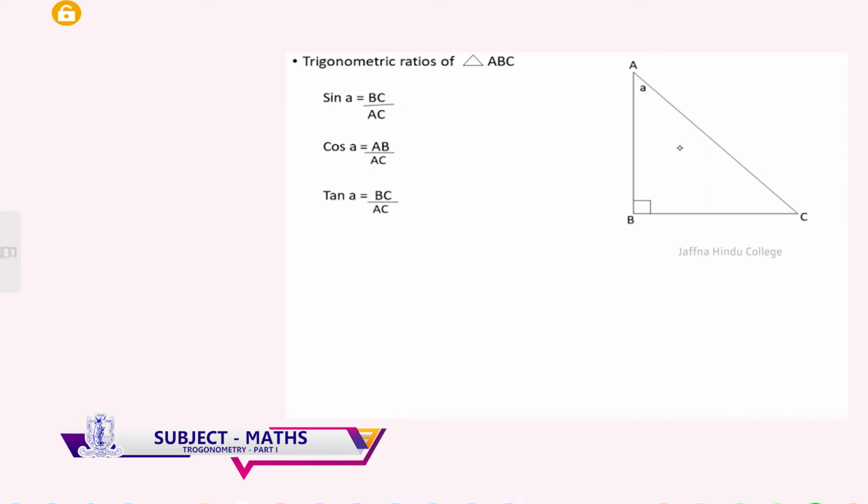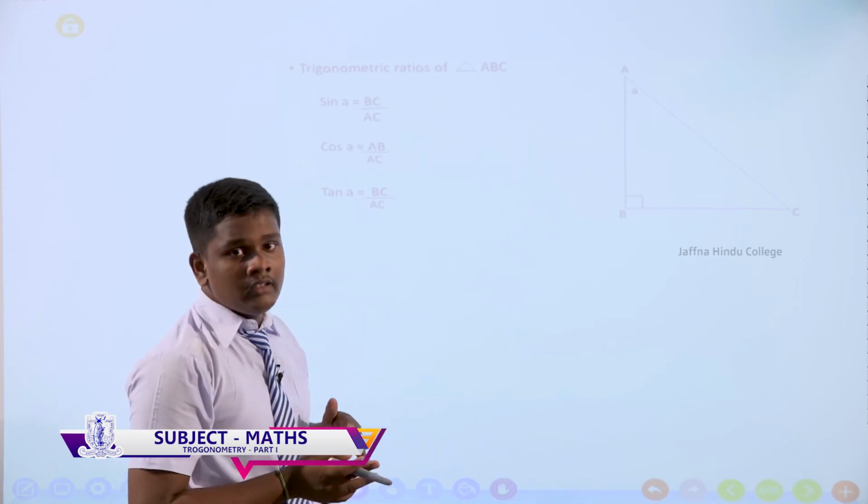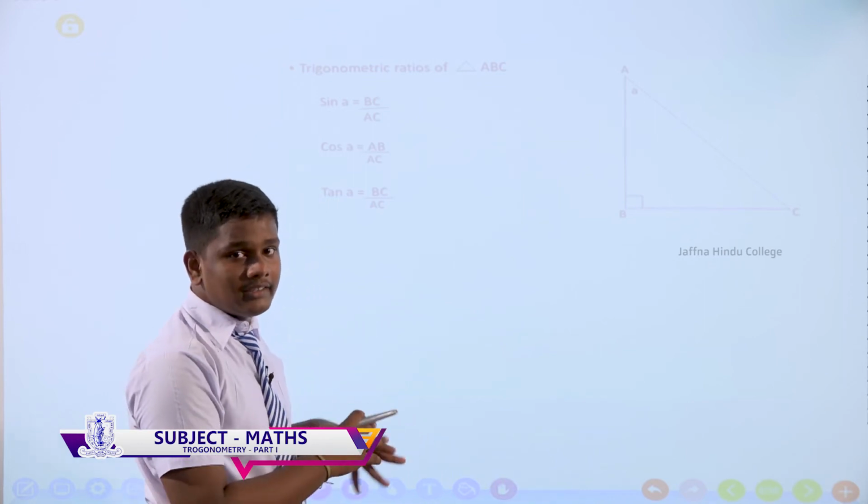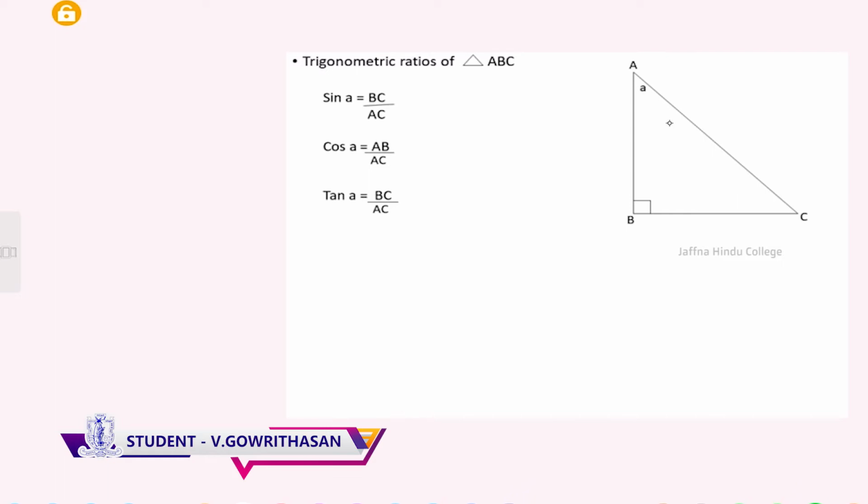Then cos A means adjacent by hypotenuse: the adjacent side of angle A is AB and the hypotenuse is AC. Tan function is opposite side by adjacent side: the opposite side of angle A is BC and the adjacent side is AB, so tan A is BC by AB.